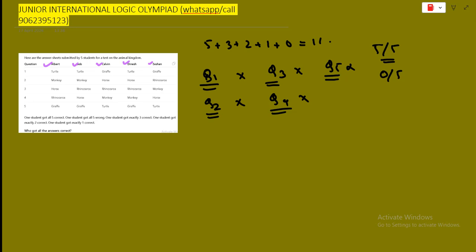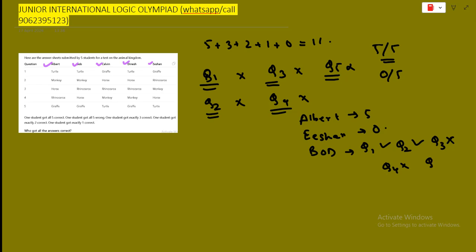Okay, so if Albert's answers are the master key, let's grade the others. Albert is 5, he is the genius. Ishan, he is 0. And for Bob, Q1 is right, Q2 is right, Q3 is wrong, Q4 is wrong, and Q5 is right.